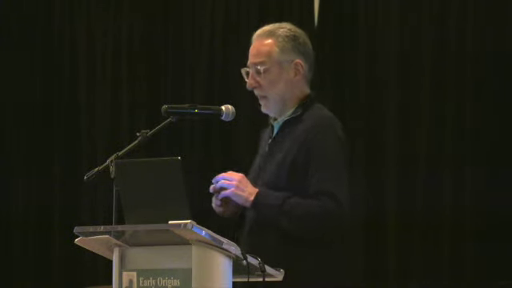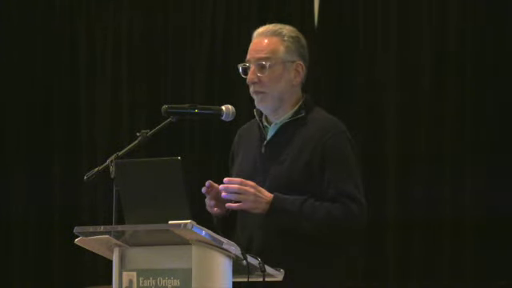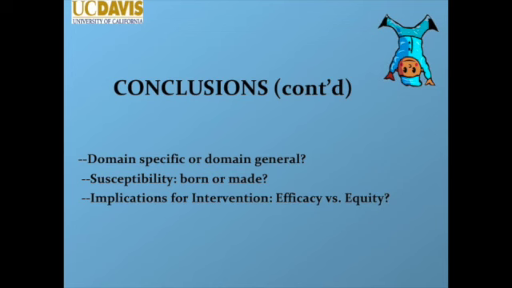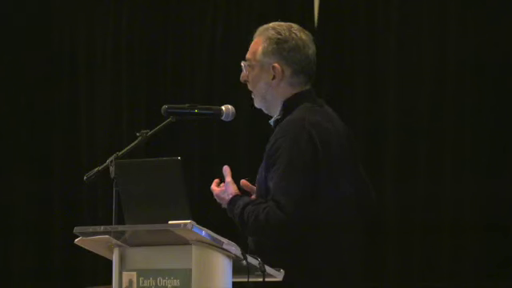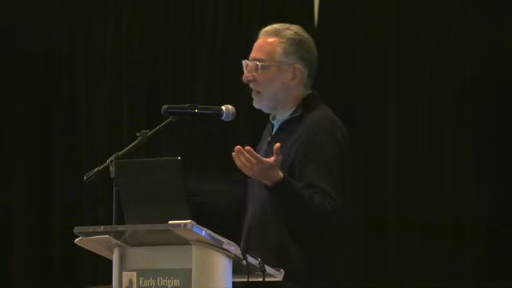But I think the real question this work raises is its implications for intervention. And this is something that Adrian raised, which has to do with targeting. I don't think we're there yet, but I can imagine in 10 years we can screen kids and say, at least with the treatments we have now, we can affect these kids and we can't affect those kids.